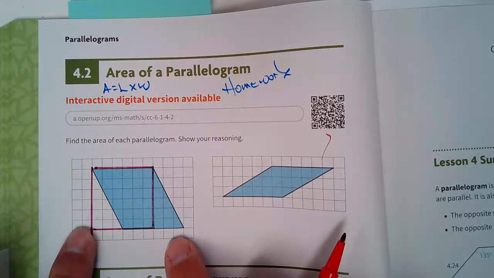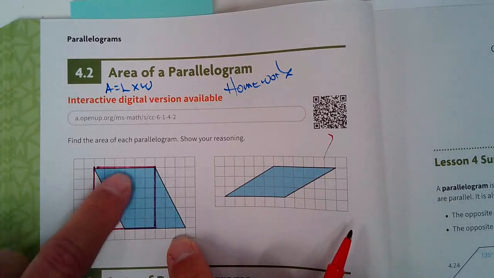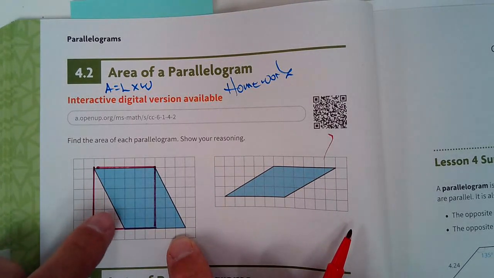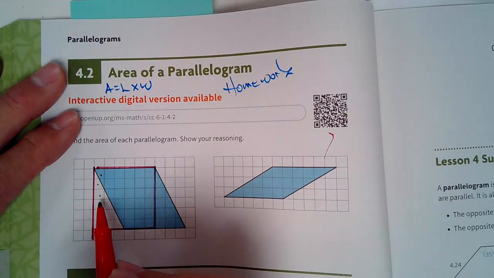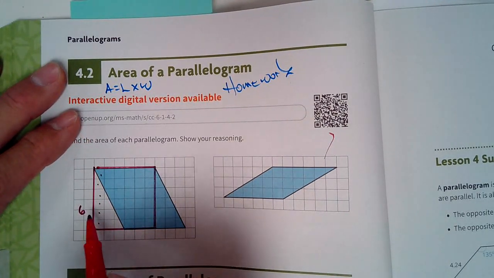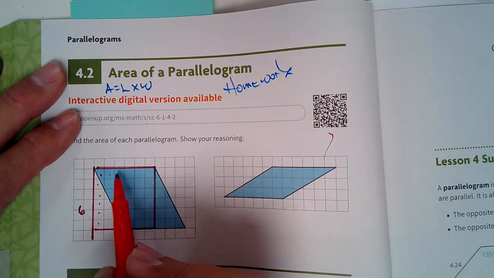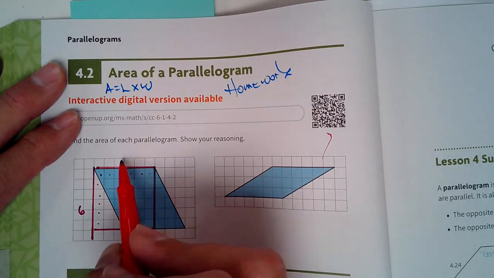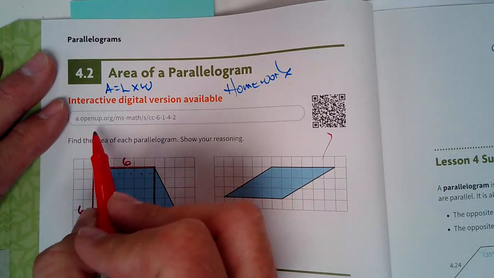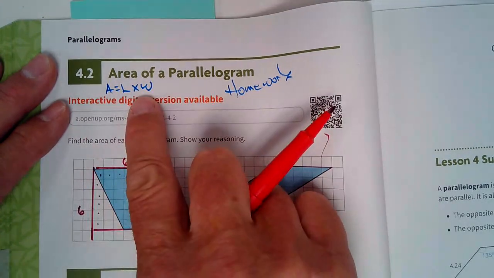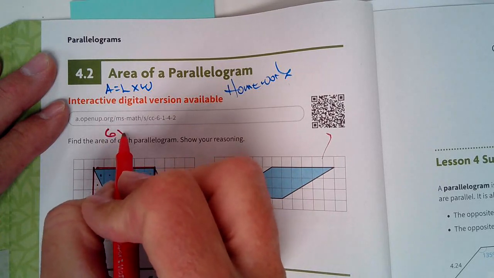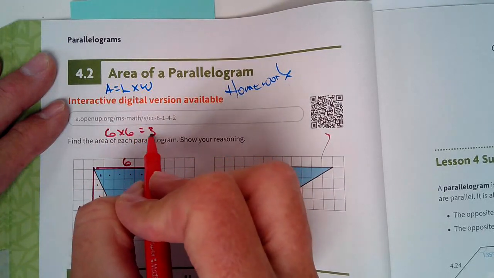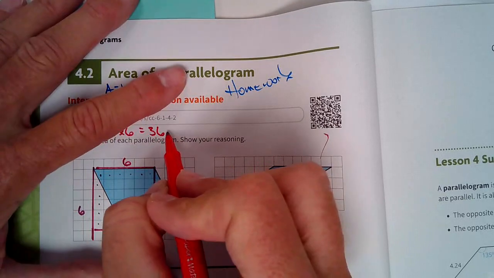Now, could we figure out the area of this rectangle? Yeah. 1, 2, 3, 4, 5, 6. Across the top, 1, 2, 3, 4, 5, 6. What's the area? Formula for area. I put it right there. Length times width. 6 times 6 equals 36. What do I put?